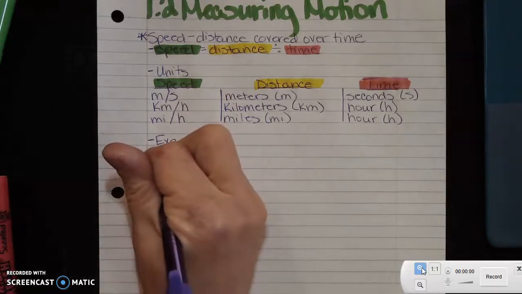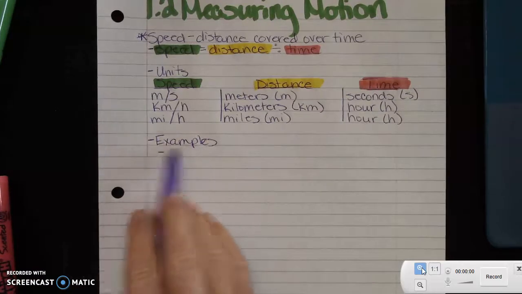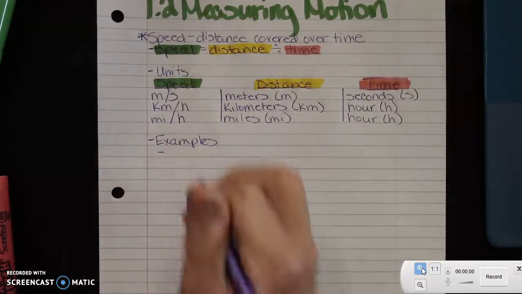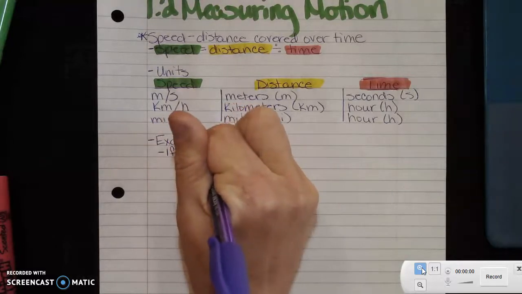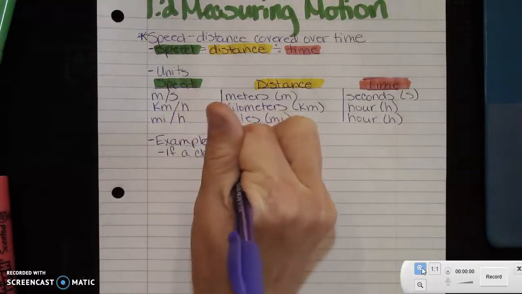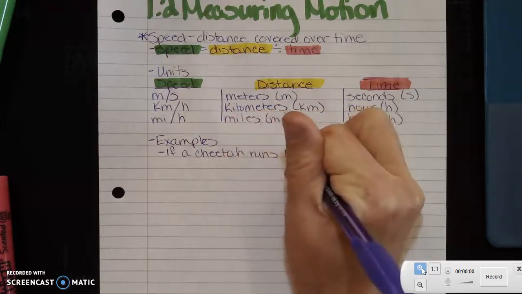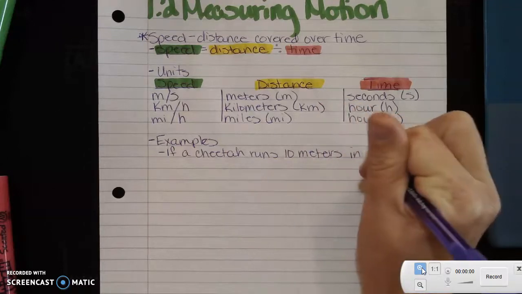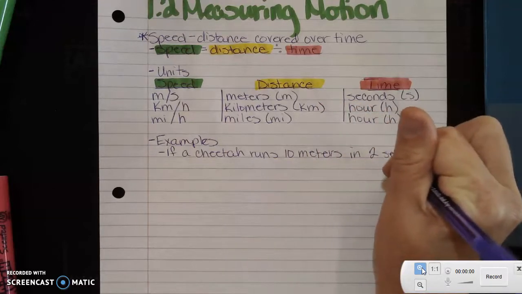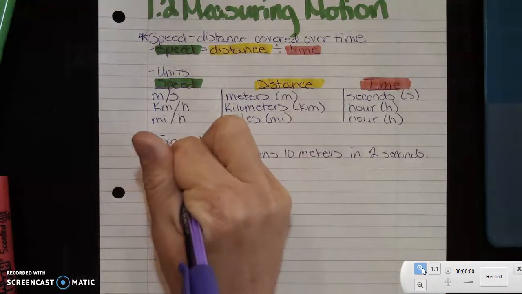So I'm going to indent again, because I'm going to have two examples under the heading examples. Let's say a cheetah runs 10 meters in 2 seconds, what is its speed?